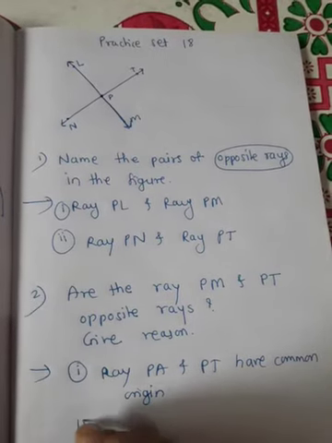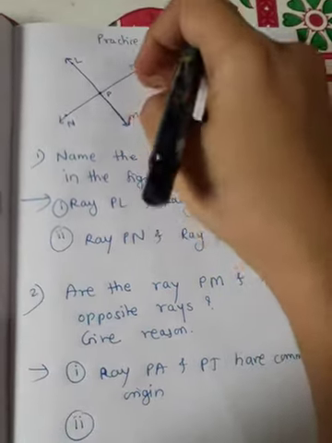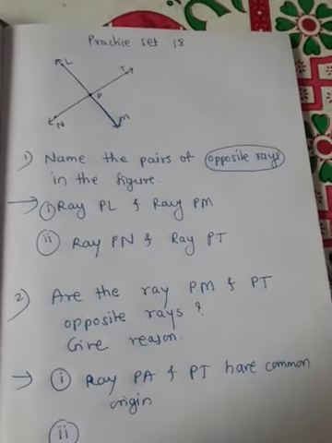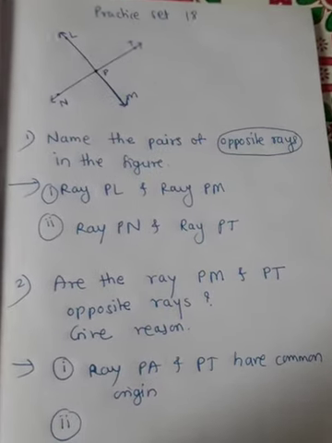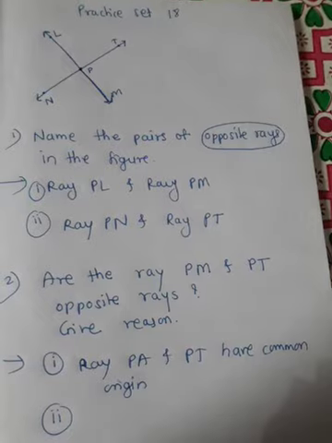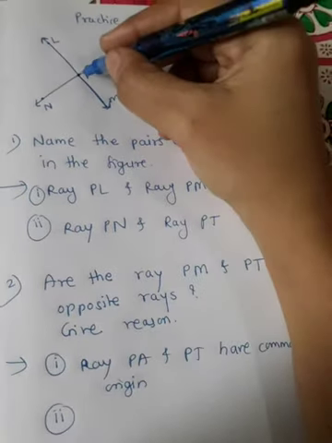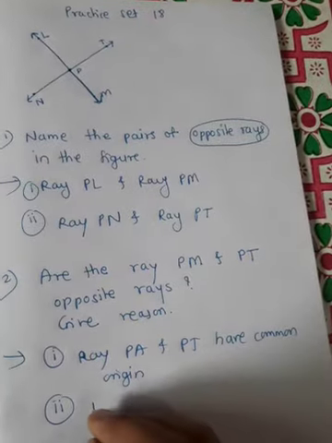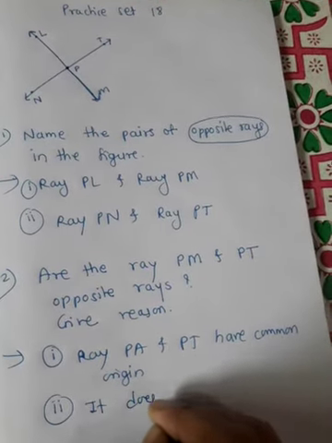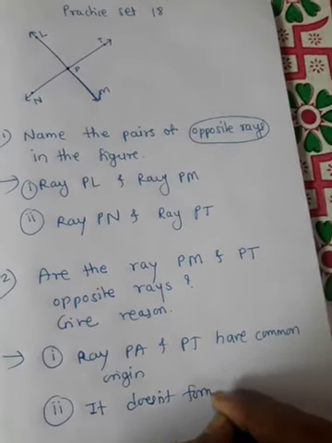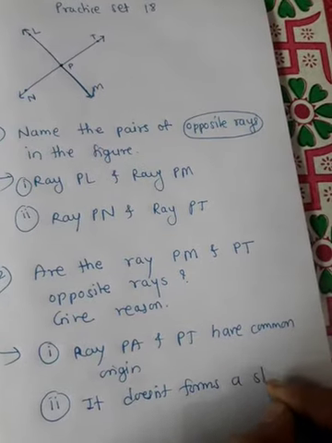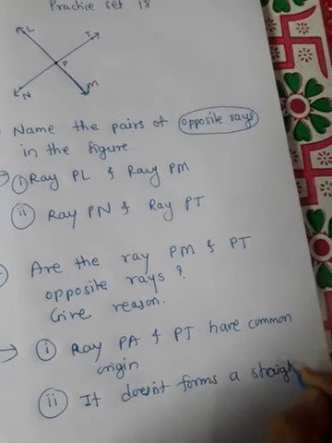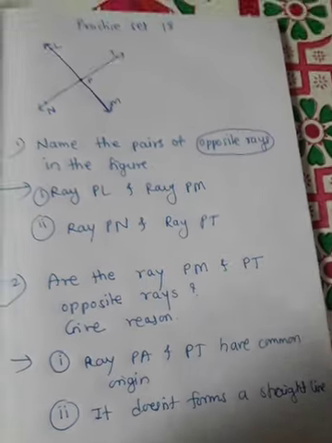Now these two rays satisfy the first condition. What is our second condition? They must form a straight line. Now see, ray PM and ray PT do not form a straight line, so the second condition is not satisfied. And what is the third condition?